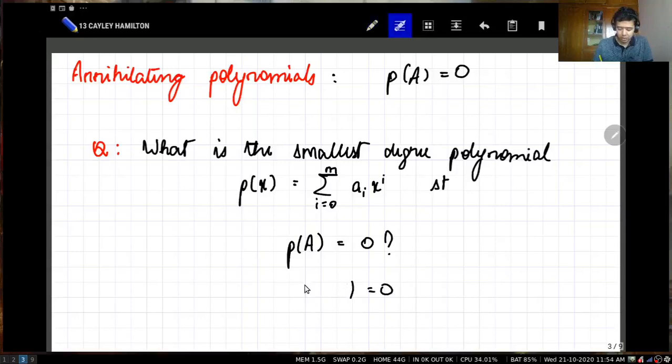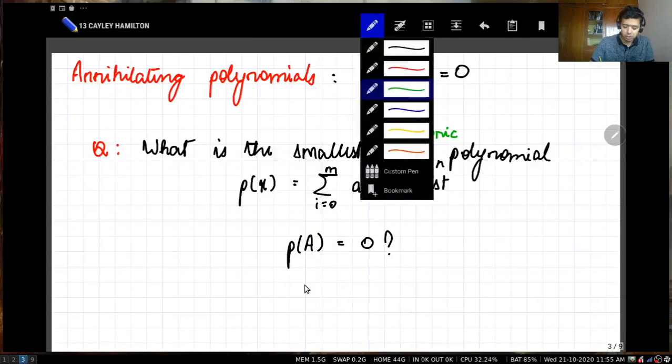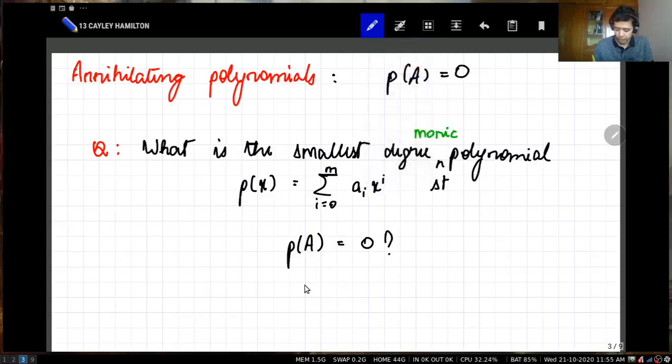And to avoid this ambiguity regarding the smallest polynomial, just to make sure that the smallest polynomial is unique, we'll add an additional constraint on the polynomial. So we want to ask what is the smallest degree monic polynomial such that p of A equal to 0. So what is a monic polynomial? A monic polynomial is one which is of the form x to the m plus a_{m-1} x to the m minus 1 and so on plus a0, right?